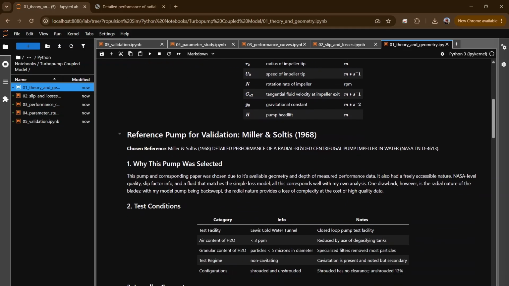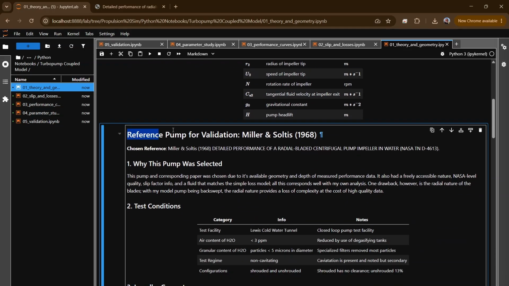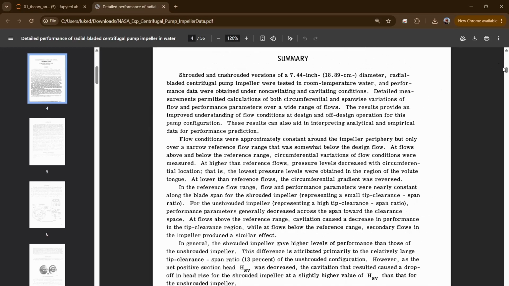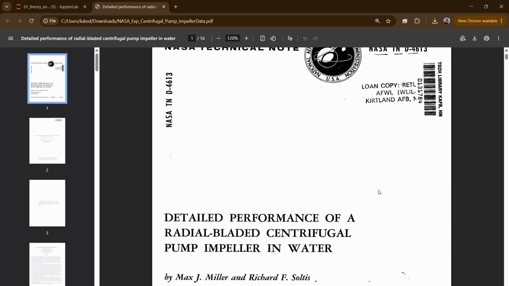Now, this is the interesting part, because I found this paper, Miller and Soltis, 1968. It was a detailed performance of a centrifugal pump. It was by NASA.